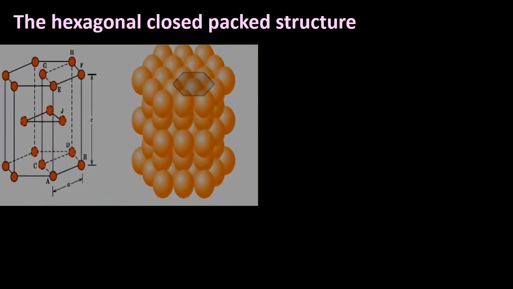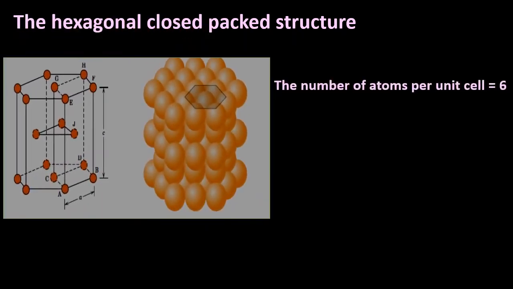So here we see that the number of atoms per unit cell is equal to 6. Each atom in the hexagon is shared among 6 unit cells, so each atom will contribute its 1 by 6 part. There are 6 atoms in each hexagon.